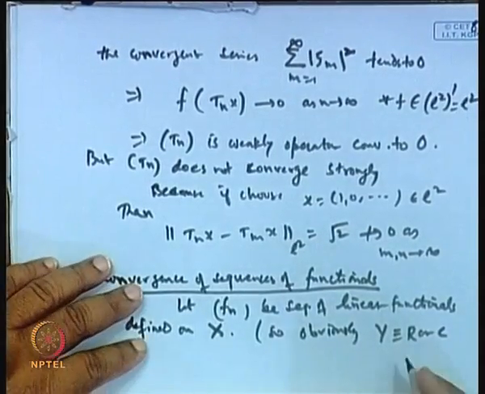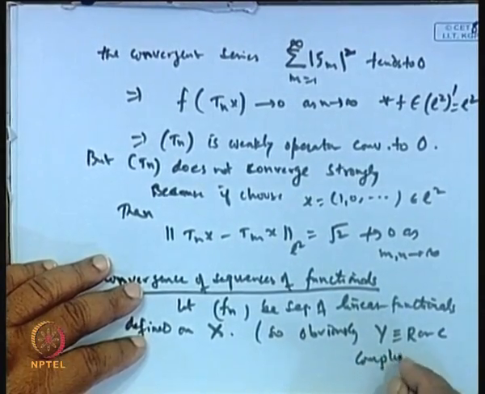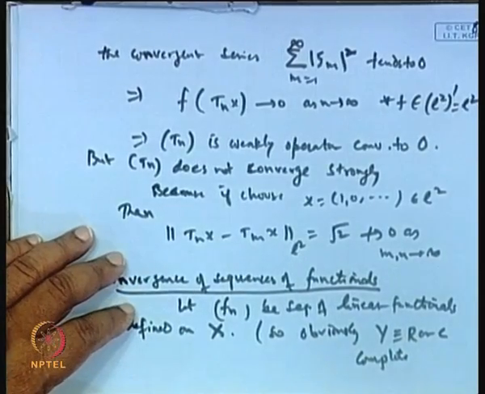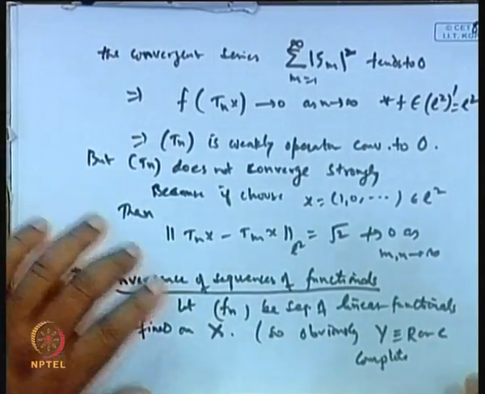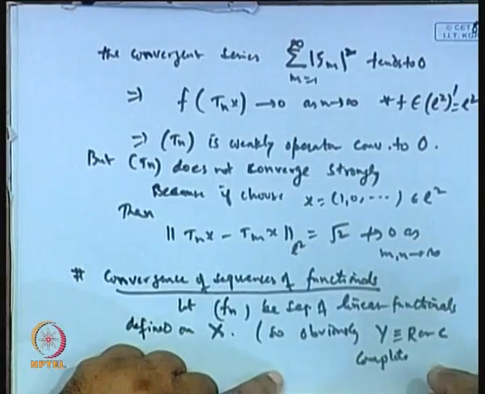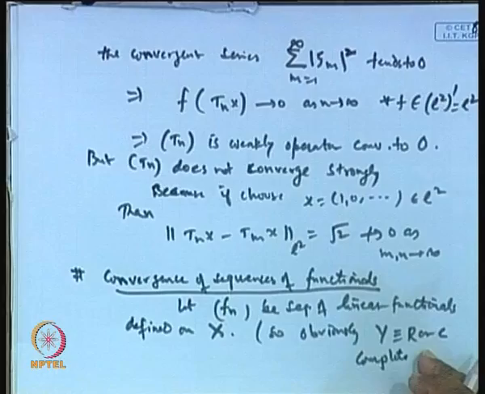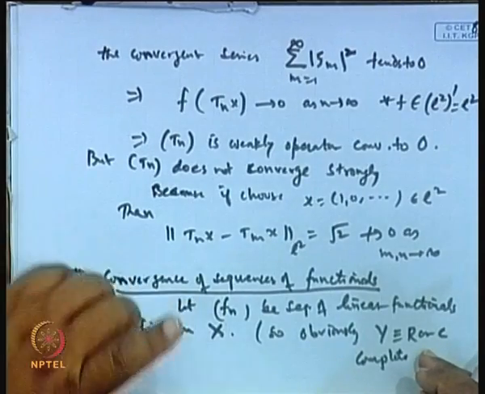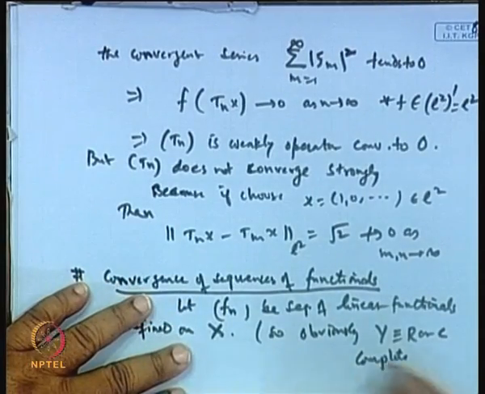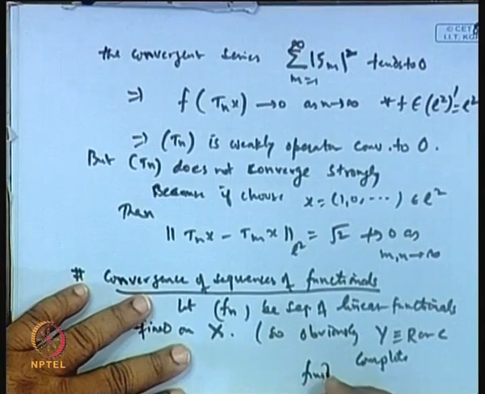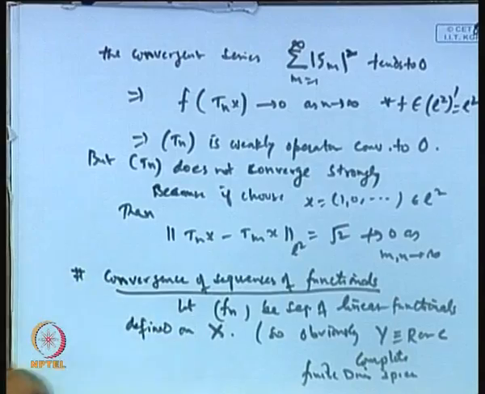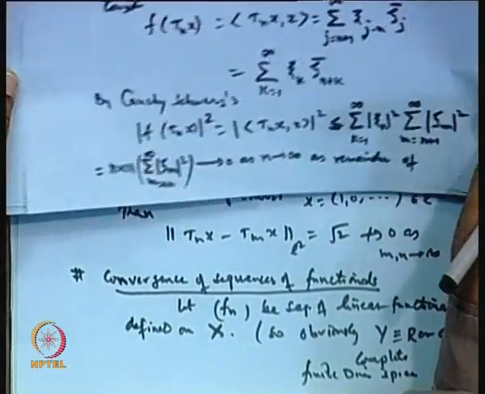R and C are complete metric spaces, and they are also of dimension 1. So these are finite dimensional spaces. If they are finite dimensional, then weak and strong convergence are the same.